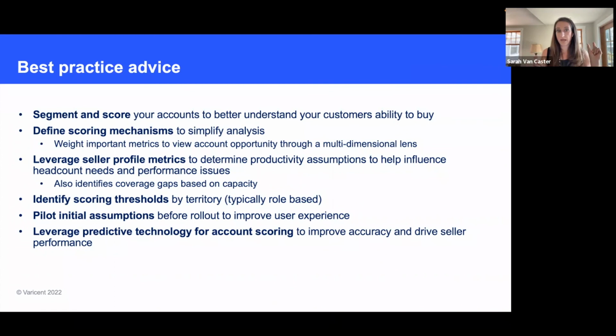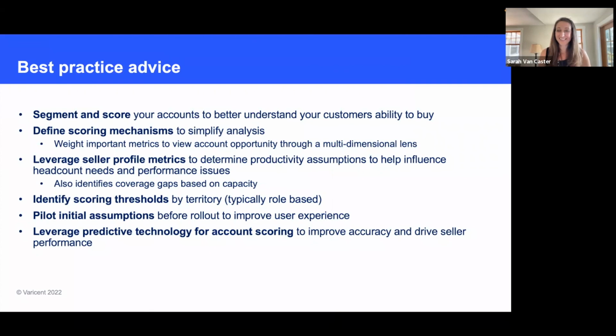Being able to measure your sellers as well as your accounts, that again is where you can do some powerful matchmaking. Scoring thresholds, another best practice approach to building out your scores. Piloting initial assumptions. I skipped a slide on this, but like anything you do for your sales organization, pilot it.